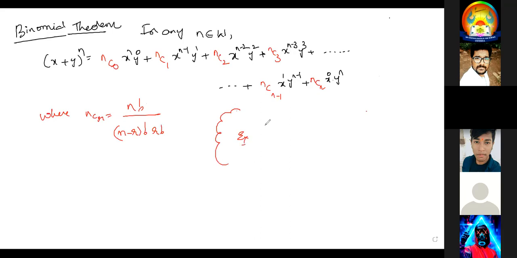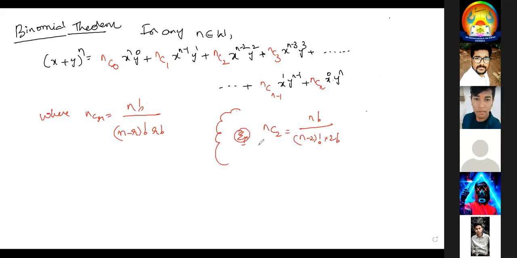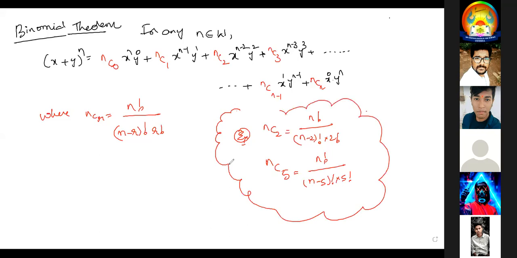I'll give an example. nC2 means n factorial by (n minus 2) factorial into 2 factorial. This we studied in combinations. In the same way, nC5 is n factorial by (n minus 5) factorial into 5 factorial.